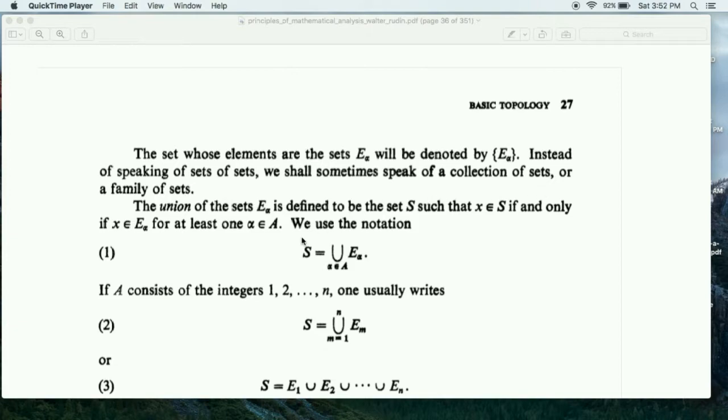Anyhow, the union of these sets E alpha, where alpha is in some index set A, is, as we know from high school, we write all the elements together.